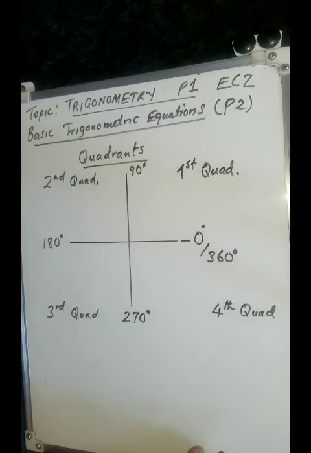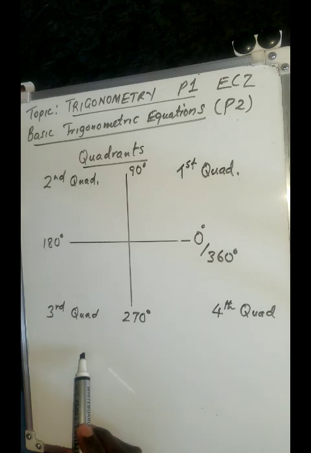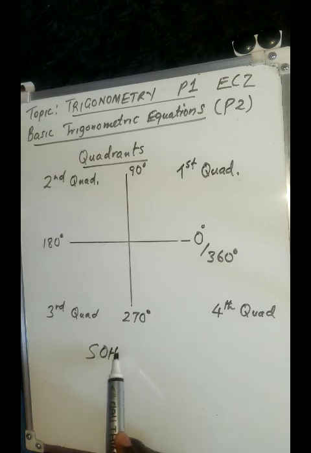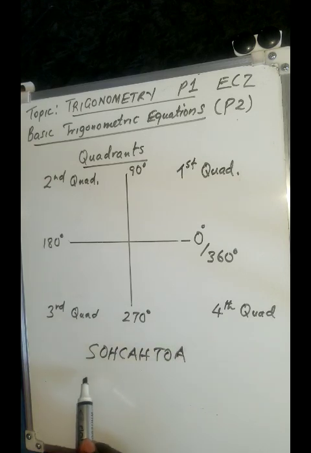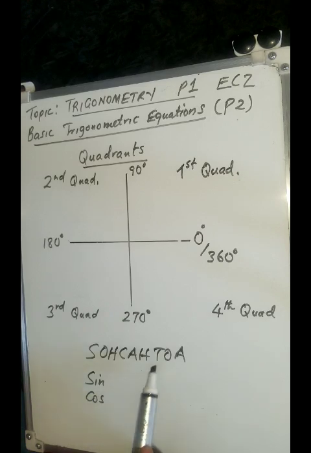Now you remember what we told you about the trigonometric ratios, given the initial SOHCAHTOA. In this case, I mean the sine, the cos, and the tangent, or tan. So sine, cos, and tan.